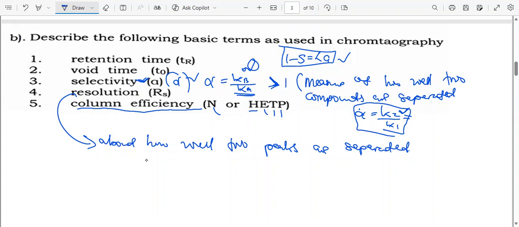Let's talk about column efficiency, which is the last one here.